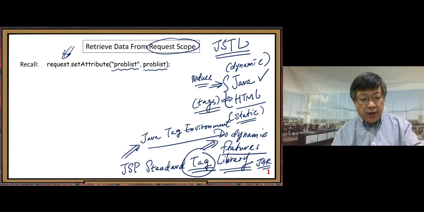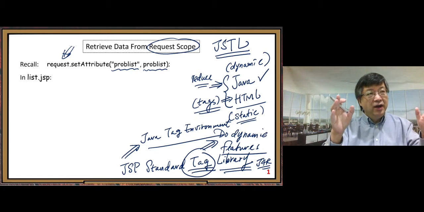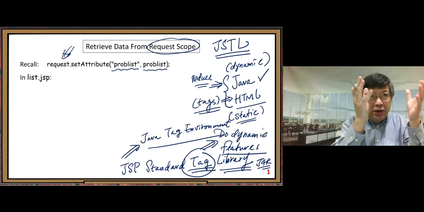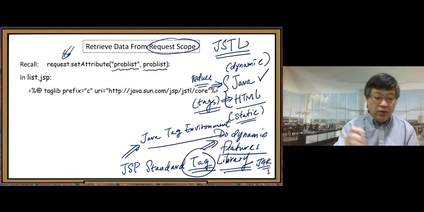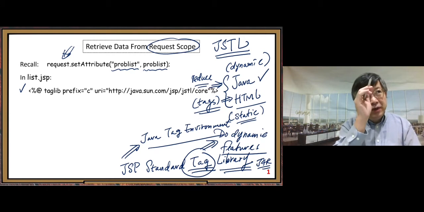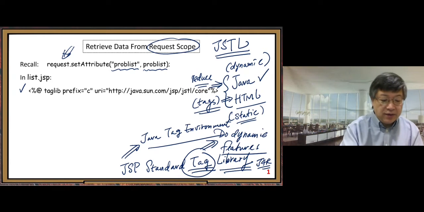Next, in order to use JSTL, that's our JSP display page, we call it list.jsp. The first thing we need to do is add this line. Here you can see this is a special JSP element, taglib.